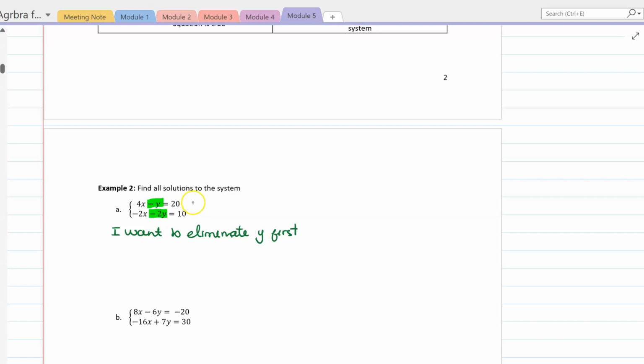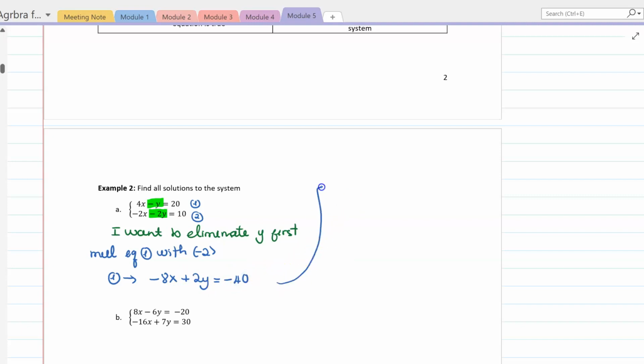So I multiply equation 1 by negative 2. Then equation 1 now becomes negative 8x plus 2y equals negative 40.